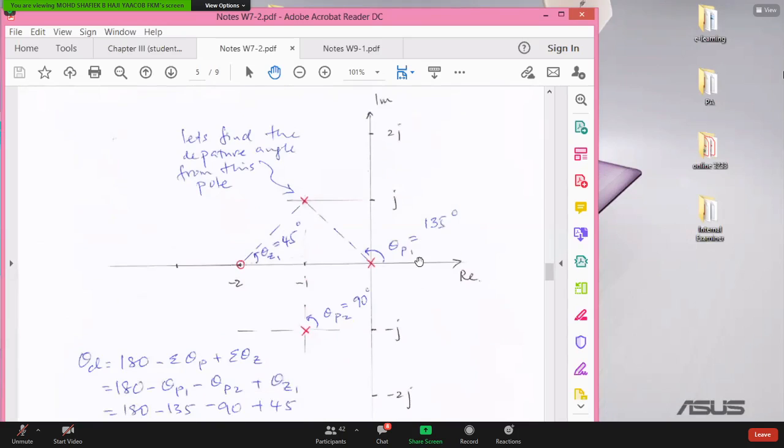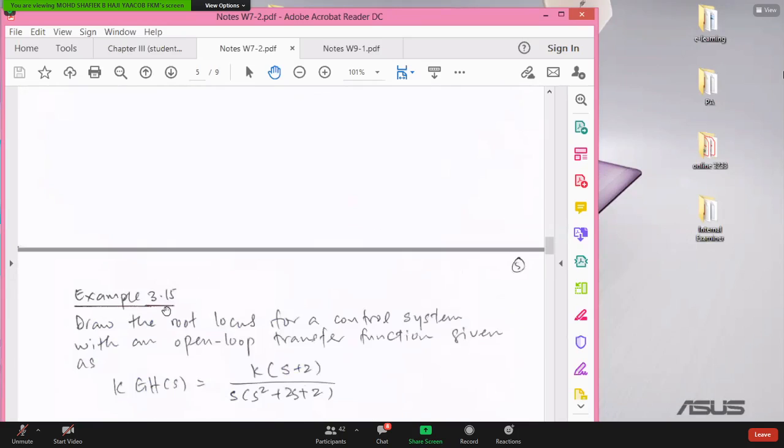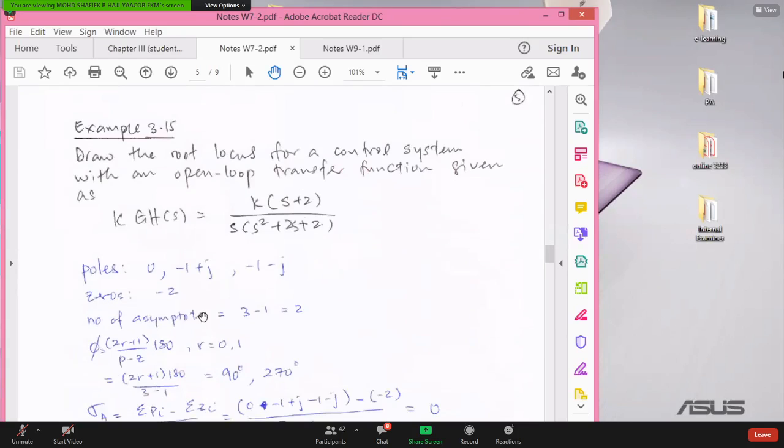Okay, so let's go back to example 315. You have these two complex poles at -1 plus j, -1 minus j. Once you have a complex pole, because the locus starts at the pole, you need to know the departure angle.